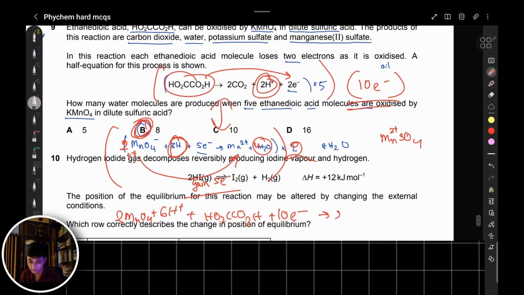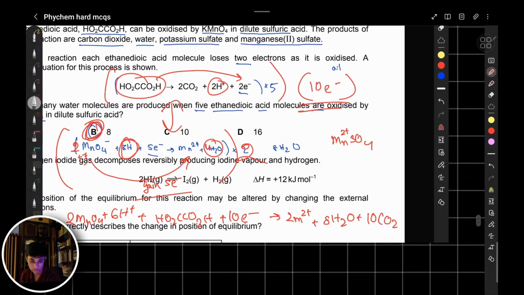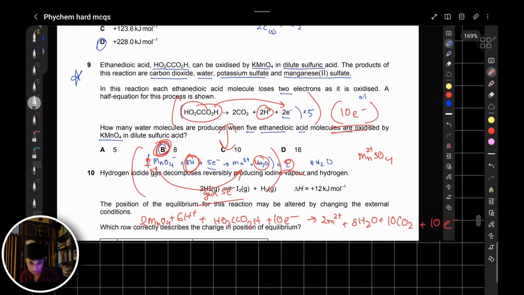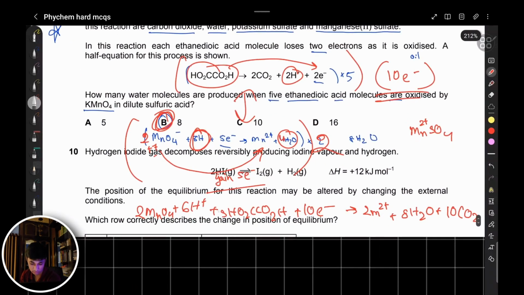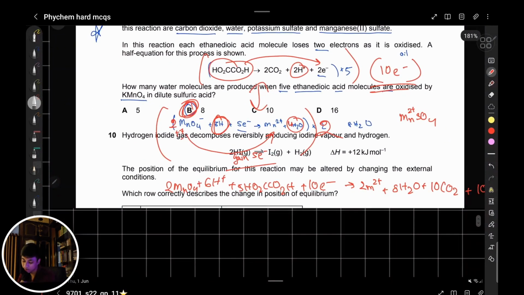On this side you will have 2 Mn2 plus, 8 H2O, plus, we have already cancelled H plus, so 10 CO2 and 10 electrons.